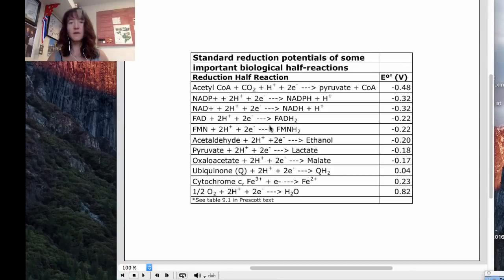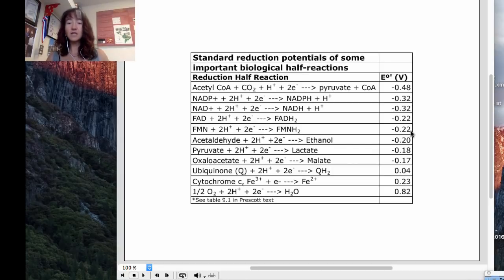Standard reduction potential is a term that relates the desire that a molecule has for electrons in a complete and entire electron transfer, that is within a redox reaction. Notice that if we look at something like NADH, it has a negative standard reduction potential.